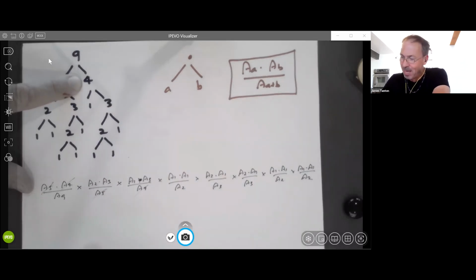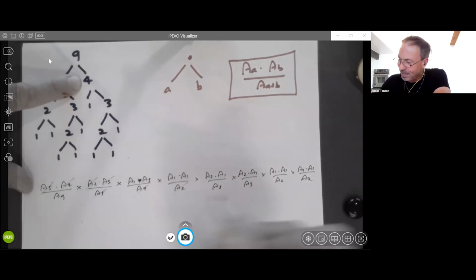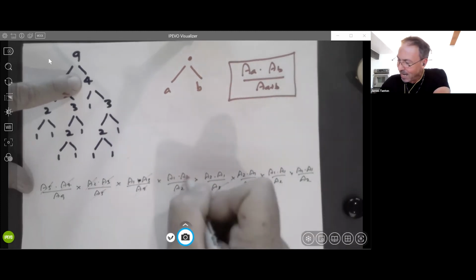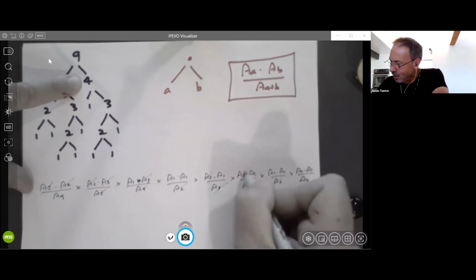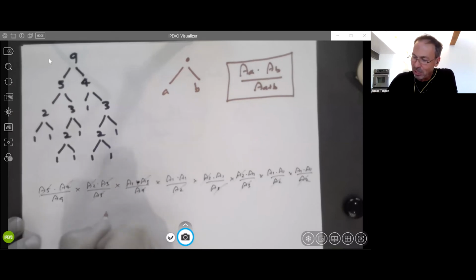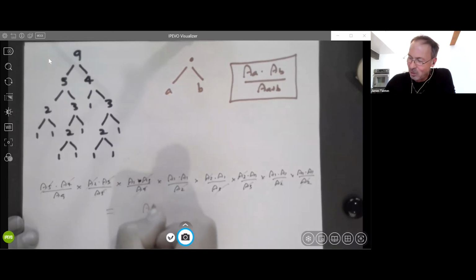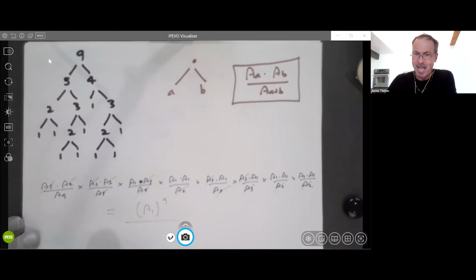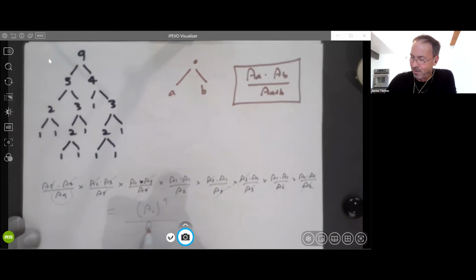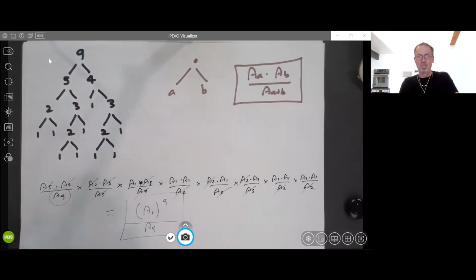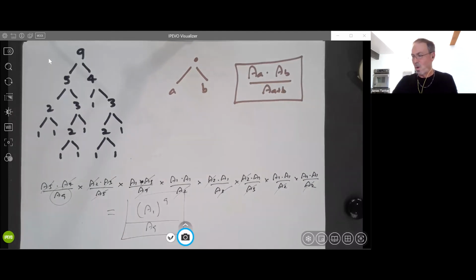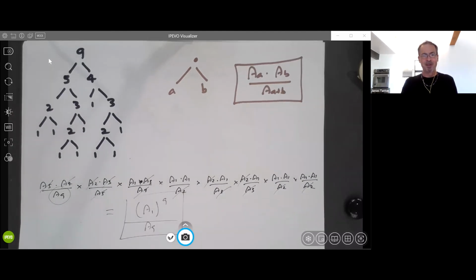It will cancel out. The A2s cancel out. The A3s cancel out. Another A2 cancels out, and that's it. And what you're left with is 9 copies of A1 on the top, and that A9 on the bottom survives. However you want to do this, the product is going to be invariant. It's going to be 9 copies of A1 multiplied together and 1 copy of A9 on the bottom. Whoa.